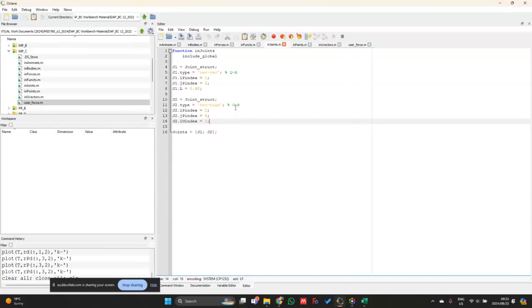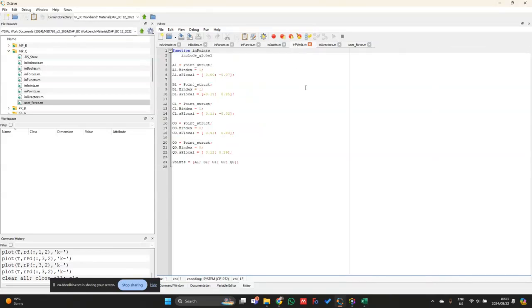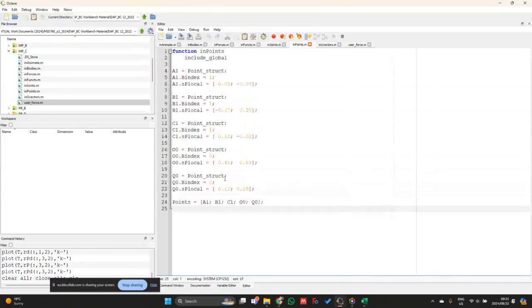Now joints changed, so where we previously had 2 revolute joints, we now simply have a revolute joint over here. And in this case, all that we have to specify is the 2 points between which this revolute joint exists. So in our case, we're working with points 1 and 5. So if I go to points, then point 1 is A1, so point A on body 1, and then point 5 is point Q on body 0.